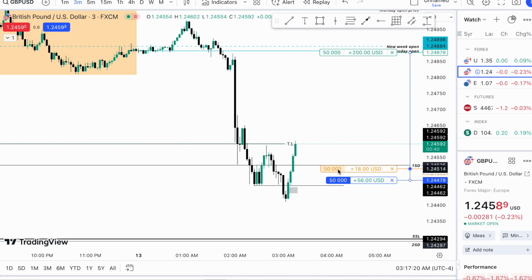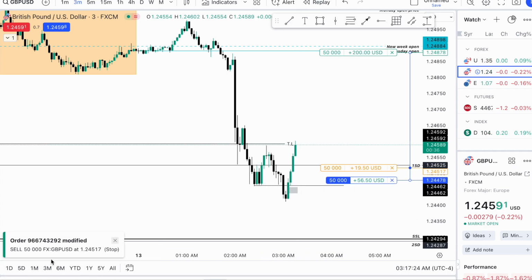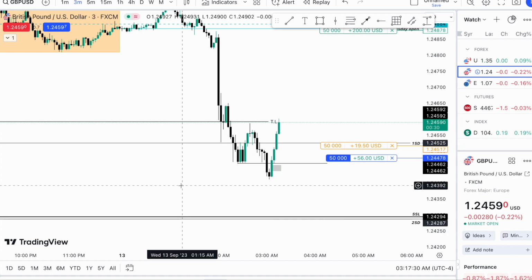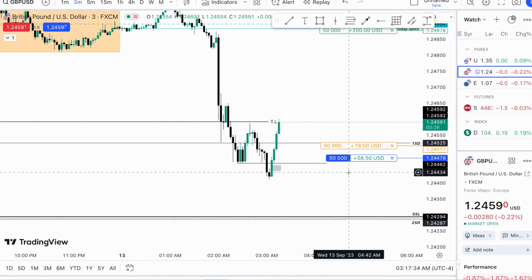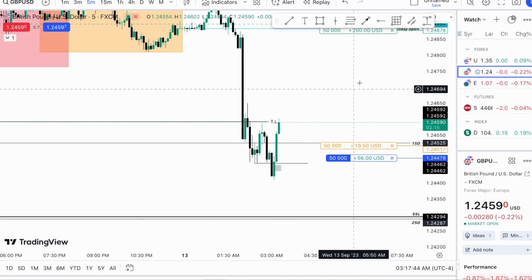If they did, somebody could just leave a comment, but I'm not sure, or I don't know how to find it. But if I could have set a trailing stop loss, I definitely would have, and really look at the market after CPI. But now we have no risk on the trade, and we have $20 locked in.